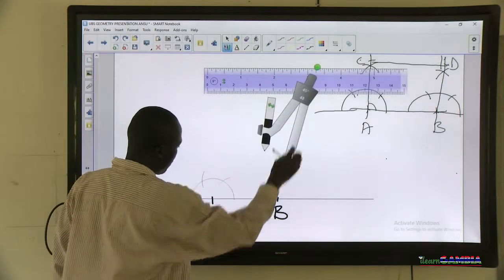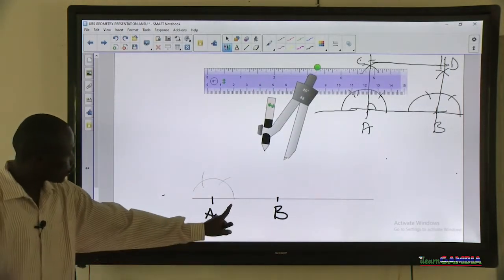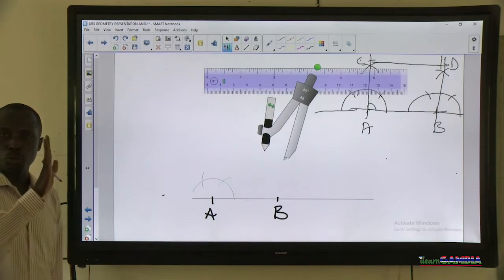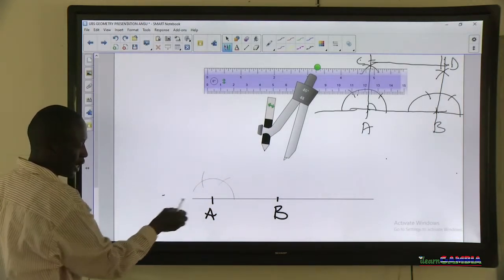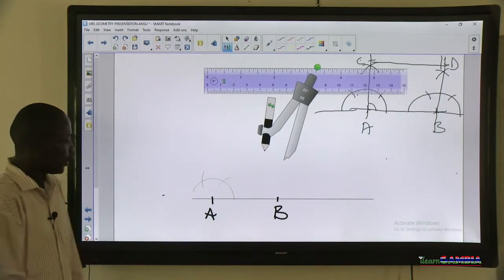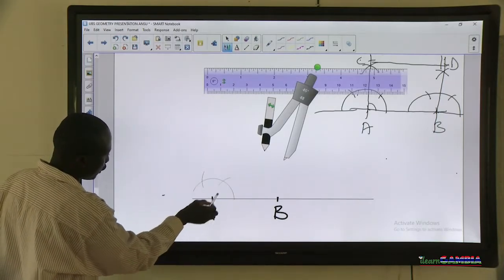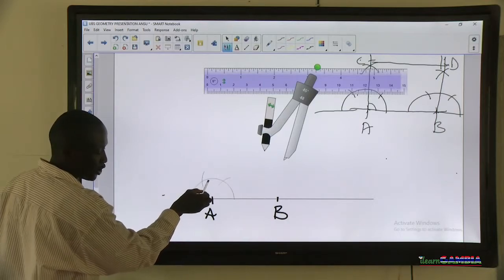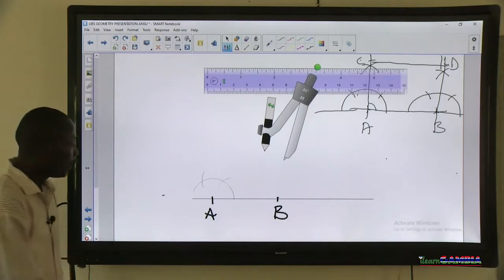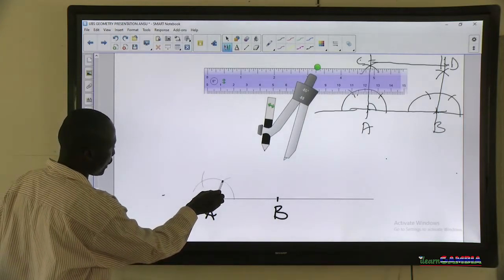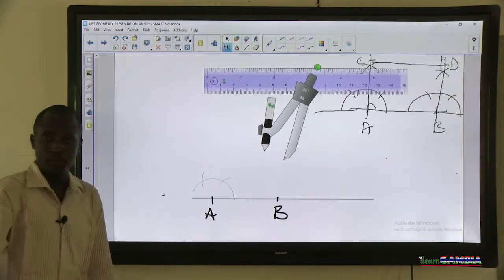Now what do I have? I have cut the first arc that I have drawn into 2 parts. This part is 60 degrees, this part is 60, that is 120. But I don't need that. What I need is 90. So I am supposed to bisect this point and that point. Then that will give me my 90.